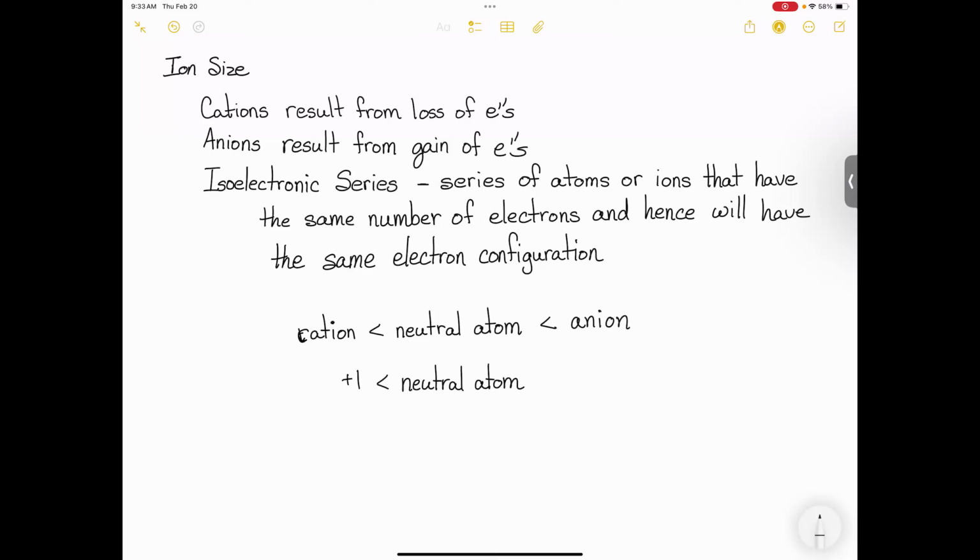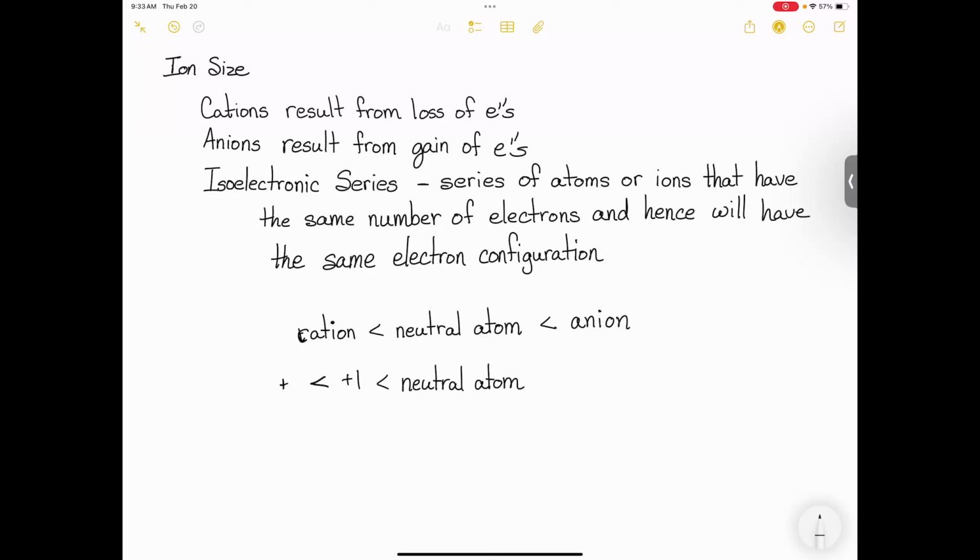What if it loses 2 kids? It loses 2 electrons. What do you expect to happen to this little bitty family called an atom if it loses 2 kids? Becomes even smaller.